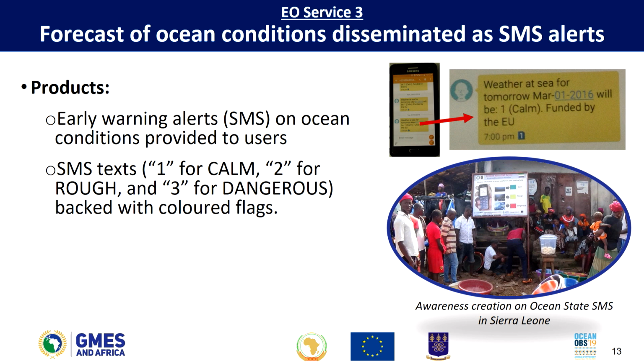And we have communicated with them to also use flags to represent these ocean conditions, so that anybody who does not receive this message is able to look at the flags that are mounted at the beaches to indicate the conditions prior to going to sea.